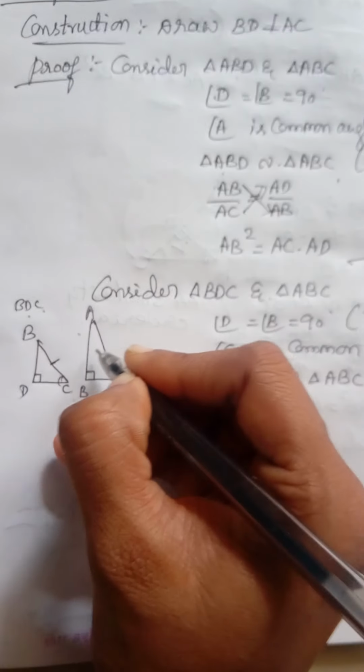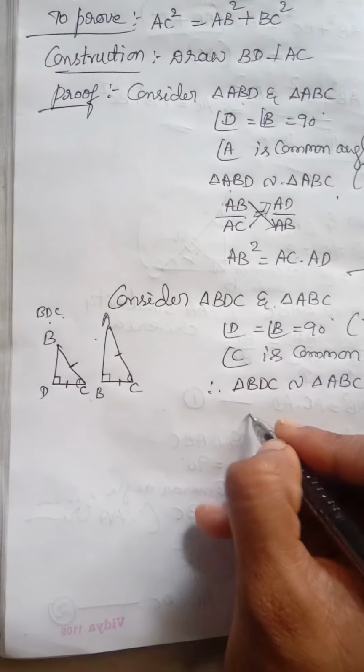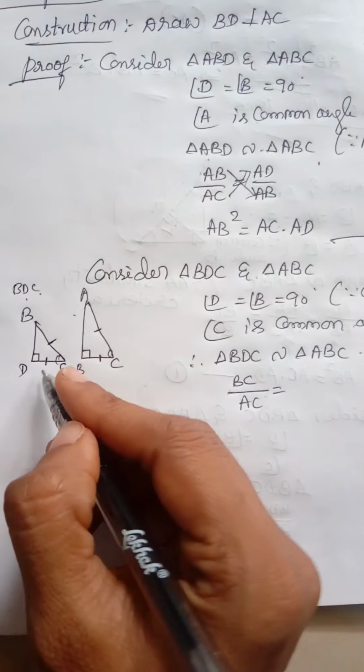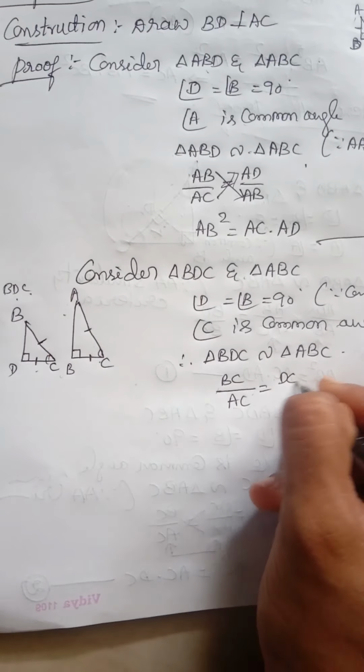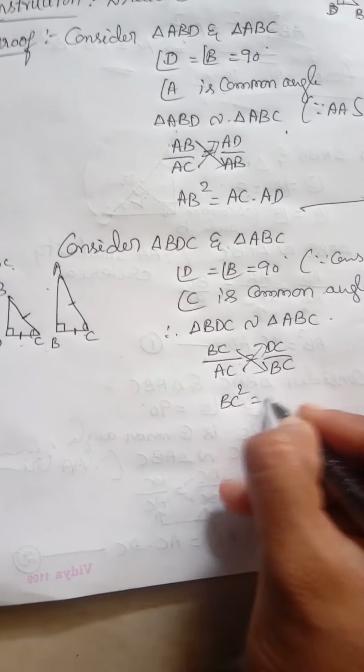BC by AC is equal to DC by BC. By cross multiplication, we get BC into BC, that is BC square, equals AC into DC.